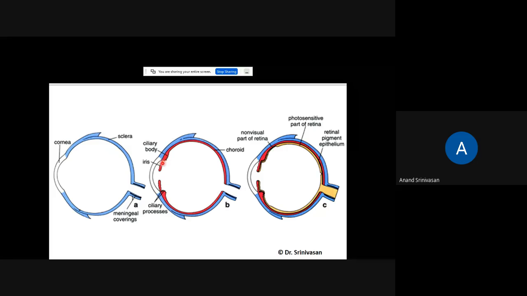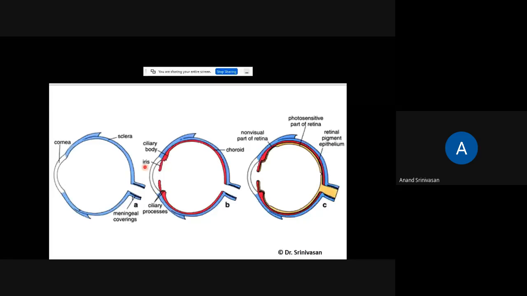And there is an extension of this ciliary process, and this is called the iris. The iris helps in identifying certain people. Some people have blue eyes, brown eyes, black eyes, not by means of contact lens, but by birth.